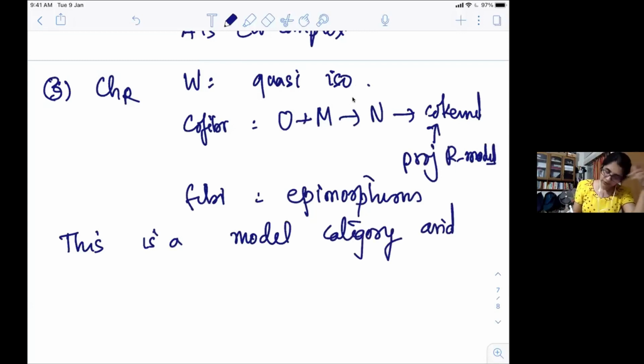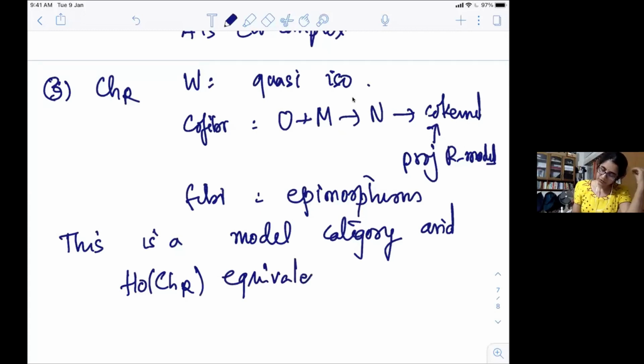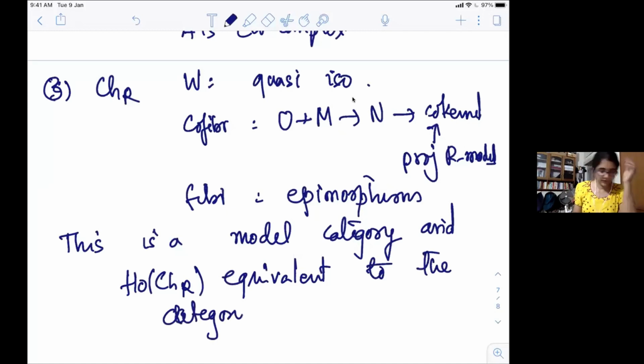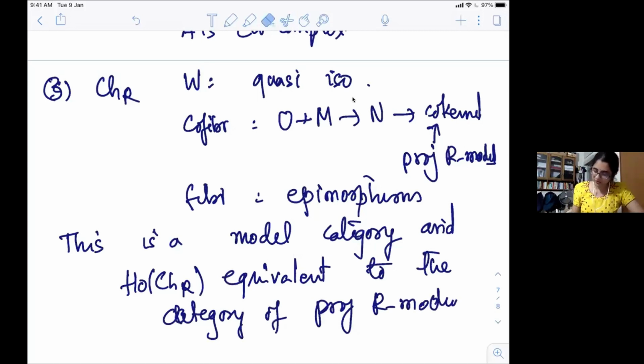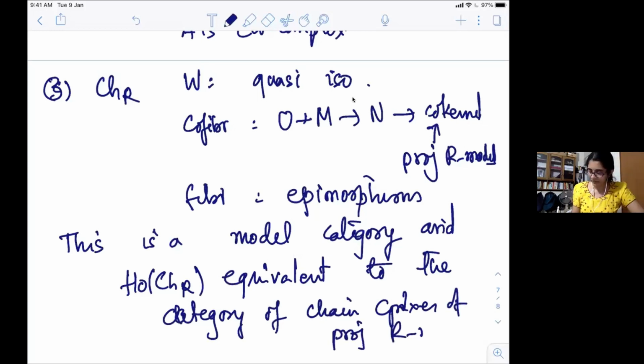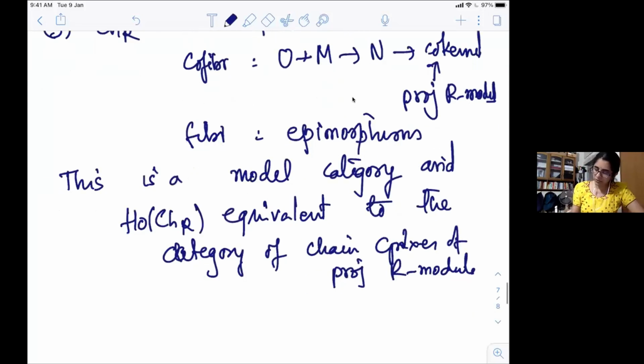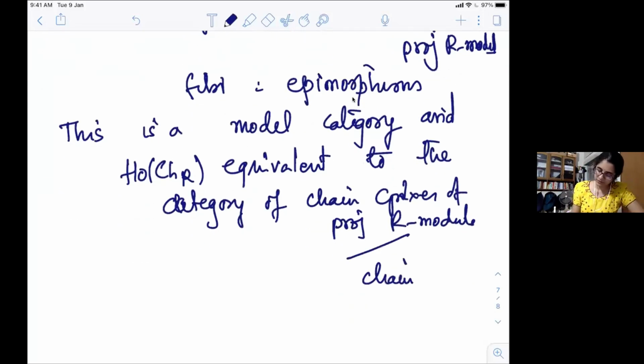Its homotopy category is equivalent to the category of chain complexes of projective R-modules, modded out by chain homotopy equivalences.